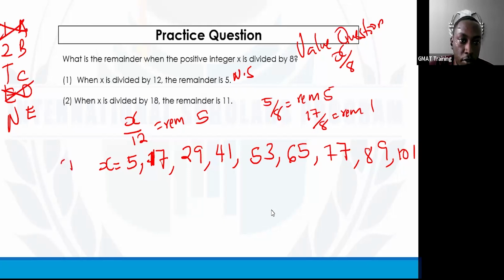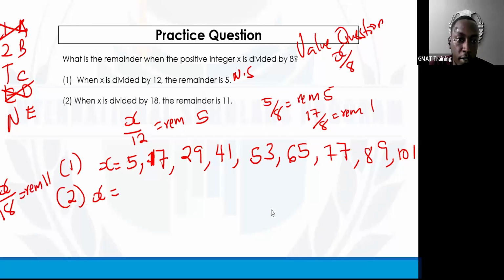This is statement 1. For statement 2, when x is divided by 18, the remainder is 11. So the possible values for x will be 11, because 11 divided by 18 is 11. The remainder is 11. Then you add 18 to that.